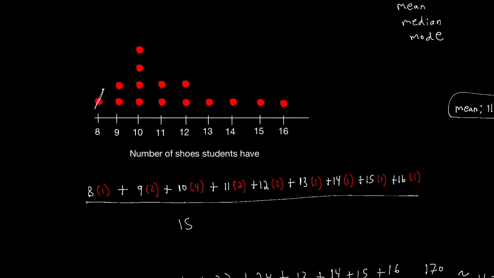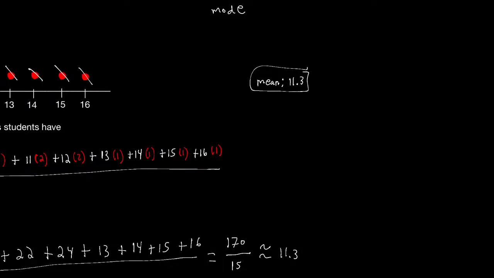That tells me that I have to cross a dot on the right. Let's do it one more time. Cross one on the left, cross one on the right. Let's keep going, crossing one on the left and one on the right, until here we're left with this dot, which lands on 11. So the median is going to be 11.